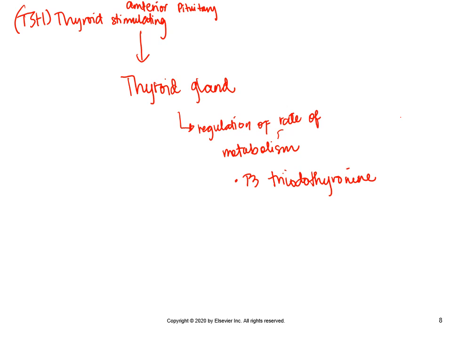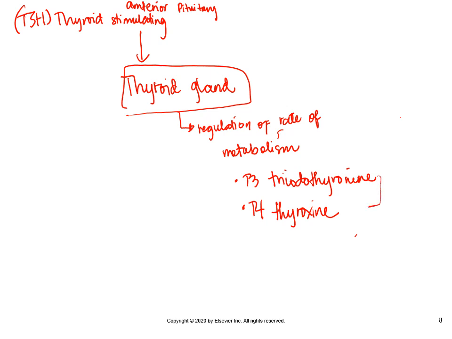This is a hormone that's coming from the thyroid gland. And then your T4 is what we call thyroxine. These two hormones are working together to control or regulate the metabolism, the body's energy use.